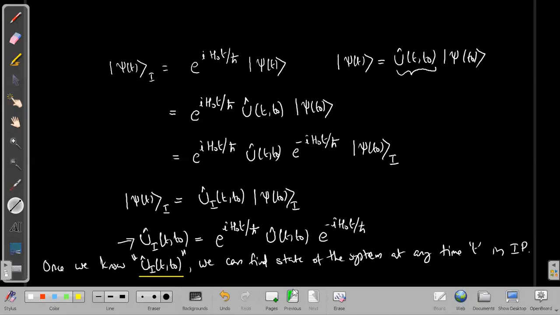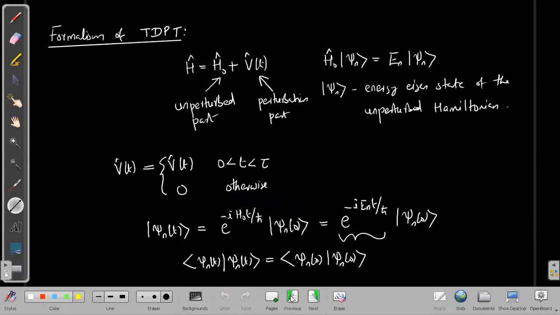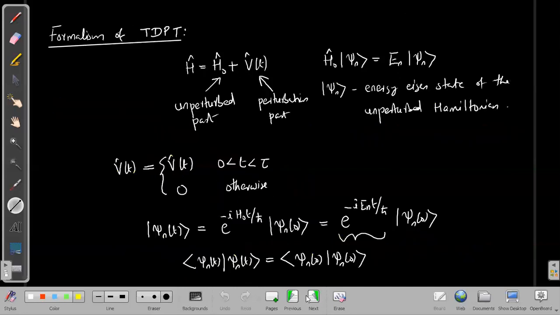Okay, so we can summarize what we have discussed till now. In order to use the time dependent perturbation theory, we should know the interaction picture. We have just revised all the important equations in the interaction picture at the beginning, and we'll use them.